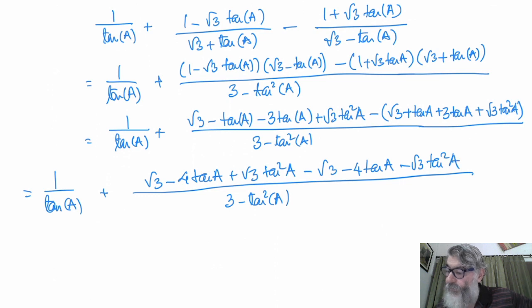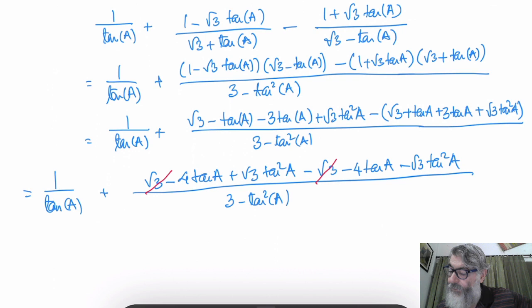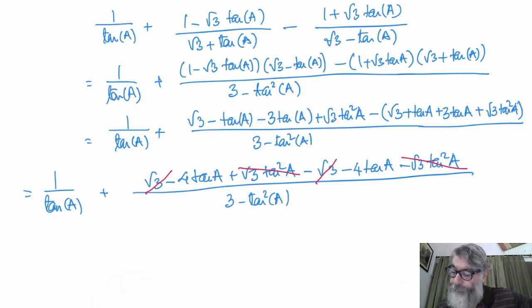So certain terms will cancel: root 3 will cancel, and root 3 tan square A will cancel, and then we get 1 upon tan A plus, what will we get?